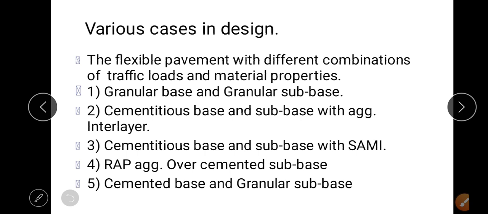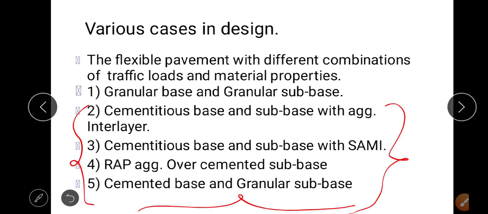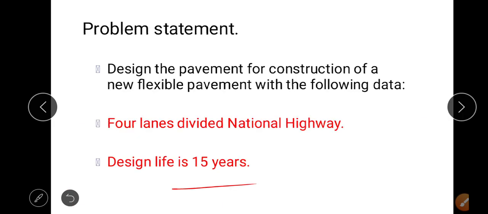All these three are new technologies which are emerging in the present scenario. Earlier, nothing of such kind existed; only the conventional CBR method of design was used. Now, in order to incorporate all the recent research, the developed methodologies are incorporated in the design.